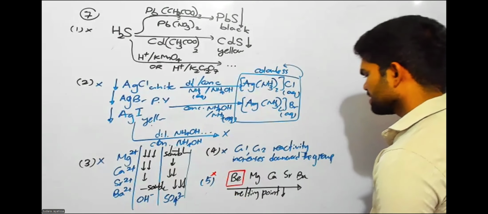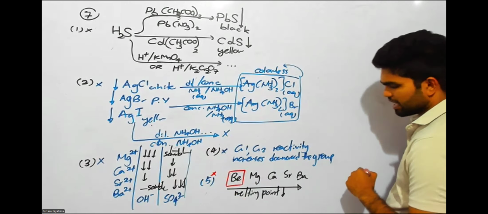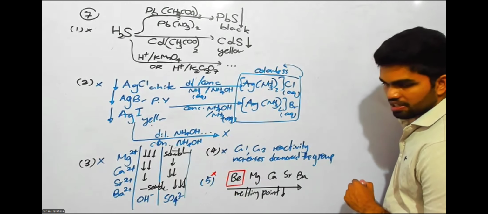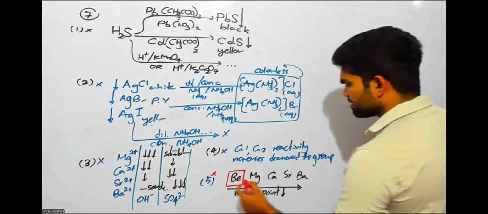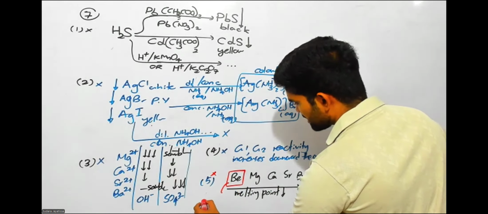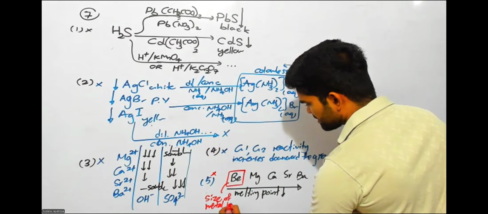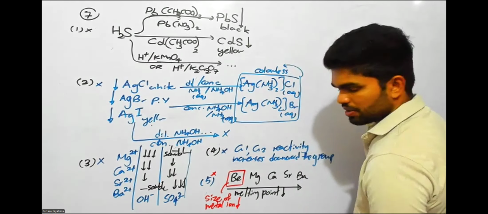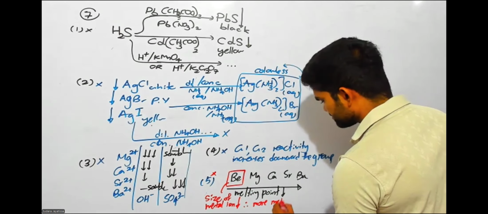So why is beryllium having a higher melting point? The reason is melting point depends on 3 things: charge, size, and number of free electrons. The number of free electrons and charge are the same. So this one is the one with the smaller metal ion size. Size of the metal ion is low. Therefore more metallic bonds in unit volume.